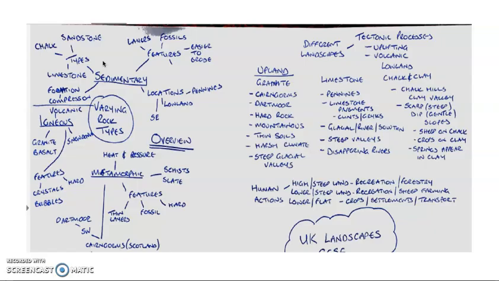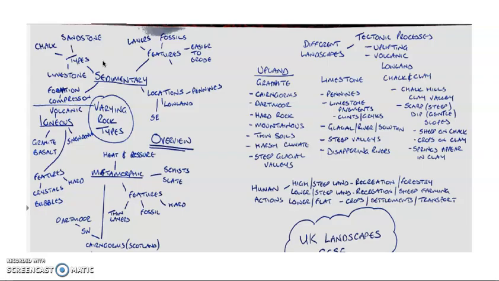And then we have metamorphic rocks. Now these are rocks which were originally sedimentary or igneous, but under great heat and pressure from tectonic processes have turned into other rocks. Very much like if you get a snowball and you keep compressing it, it gets harder and harder. Now the main types that we have in the UK are things like the schists and the slate.